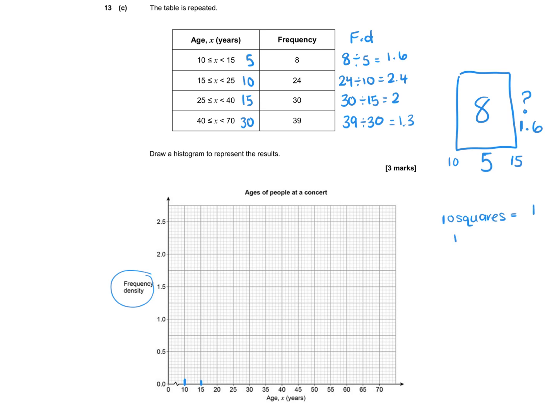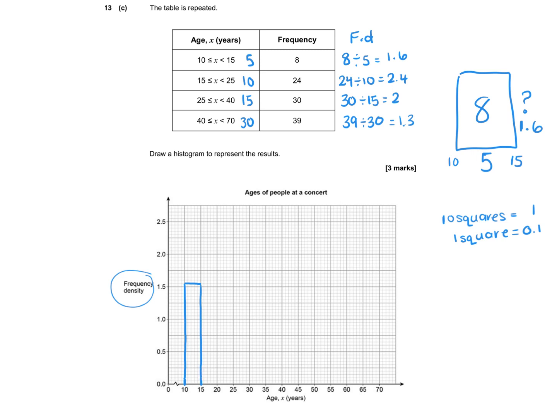So that must mean that one tiny little square represents 0.1. I did that by dividing both sides by 10. So we need to go to 1.6, so literally one square after the 1.5. And there is our first rectangle with fairly straight lines.